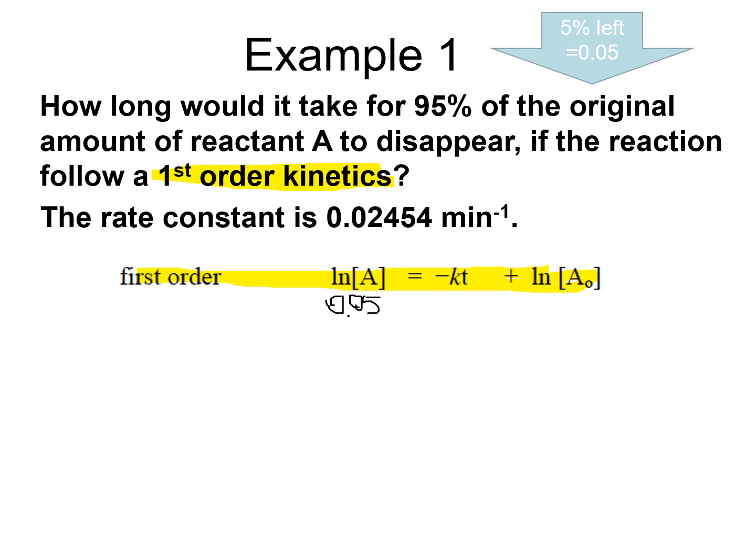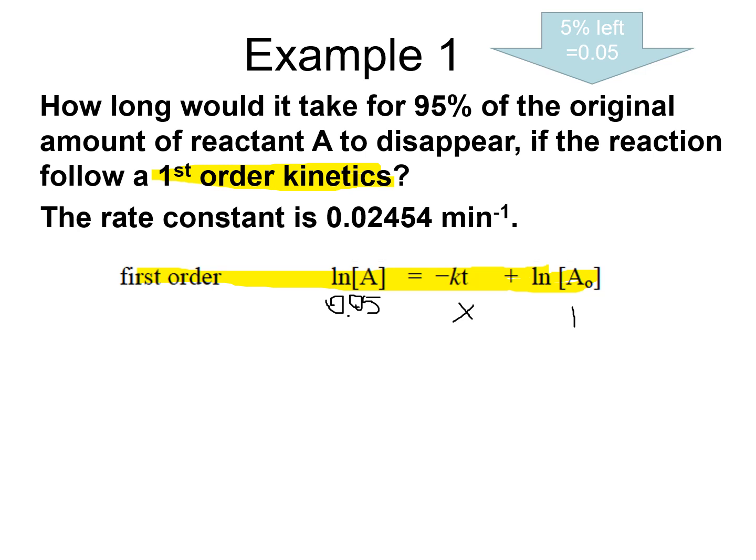K is given. T is the time that it is going to take, that would be your unknown. And the initial amount is 1. So it almost looks like they're not telling you how much you have at the beginning and how much you have left. But it's 95%.